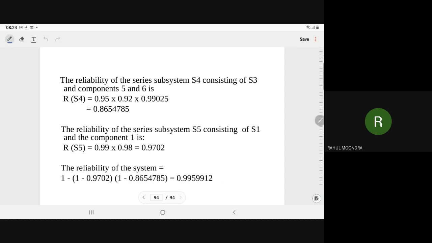So the reliability of the complete system will become 0.9959912. So in this way, we can compute the reliability of different types of arrangements having series and parallel arrangements. So that's all on reliability from my side.